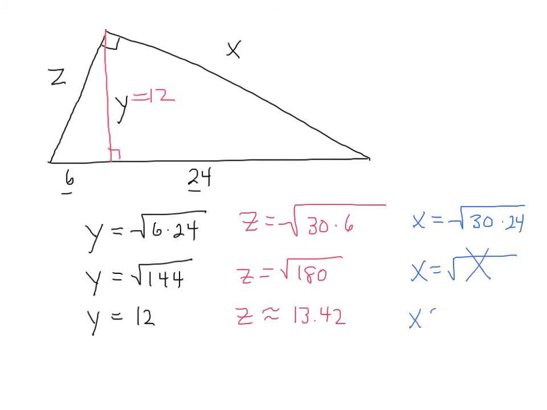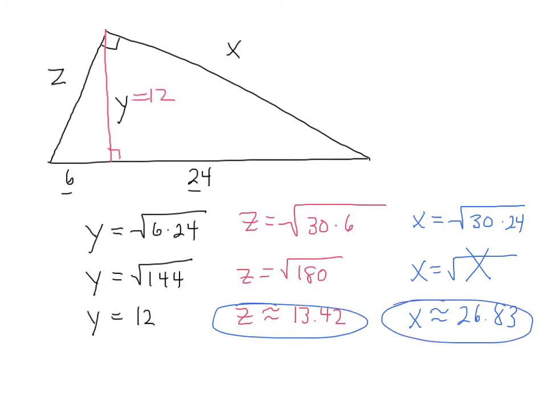So x is approximately, if we go right to our calculator, 26.83. So we've used the geometric mean to find the height. We've used it to find one of the missing legs, and we use it to find the other missing leg.